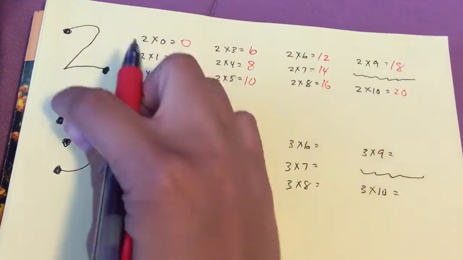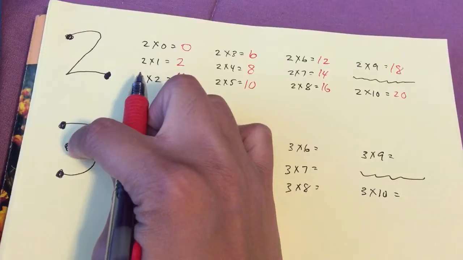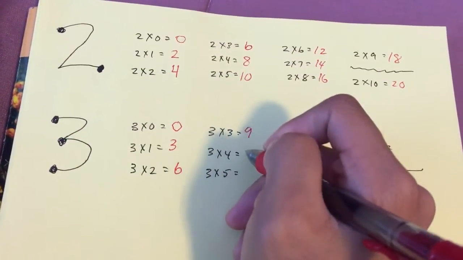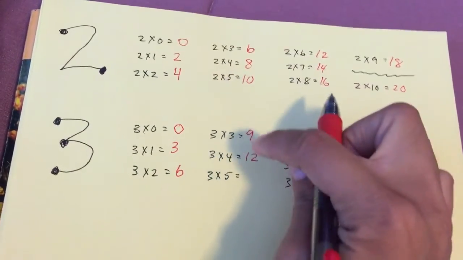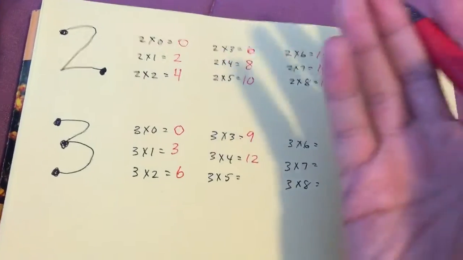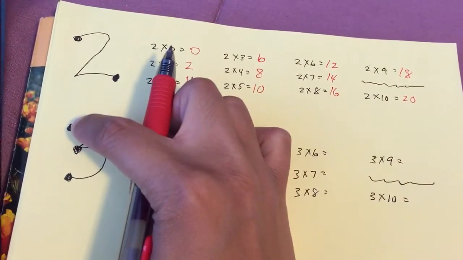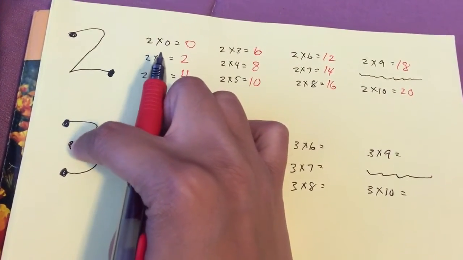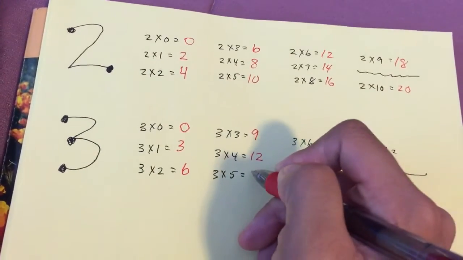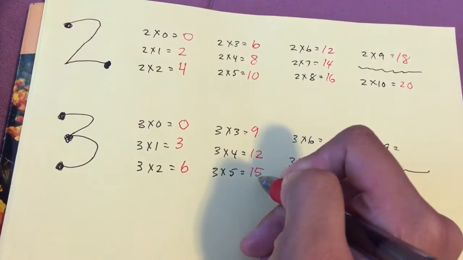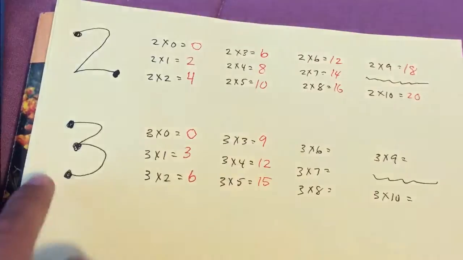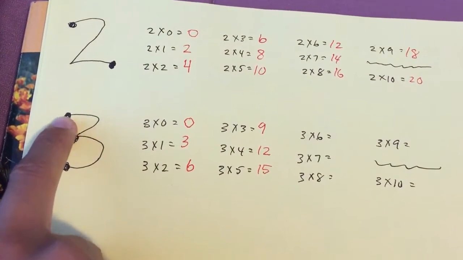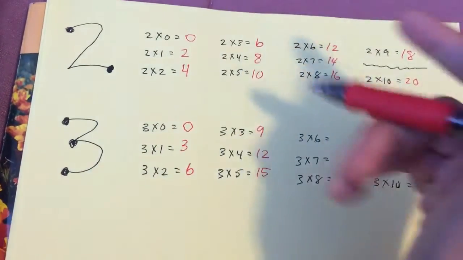The number after 9 is 10. 10, 11, 12. 3 times 4 is 12. The number after 12 is 13. So that's the first one we're going to count here. 13, 14, 15. The number after 15 is 16. So we're going to count it here. 16, 17, 18.